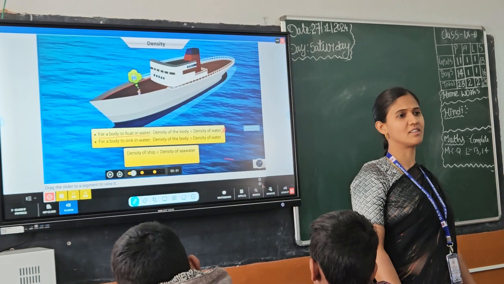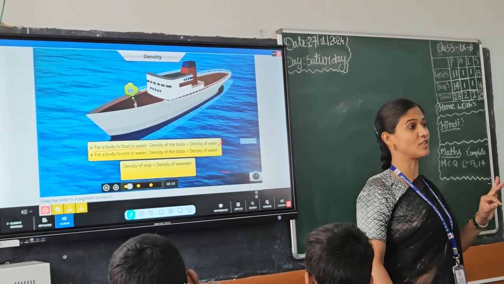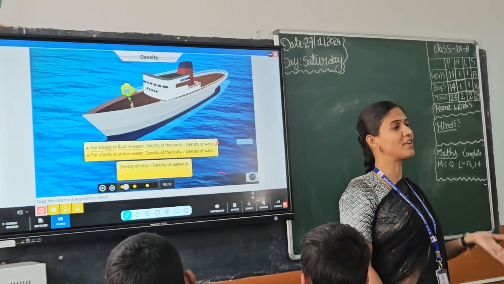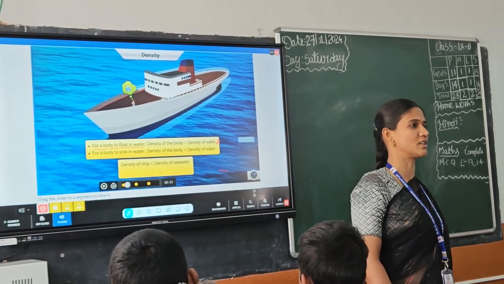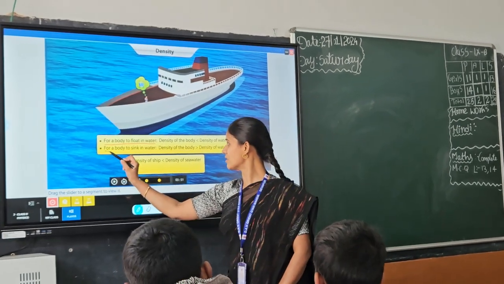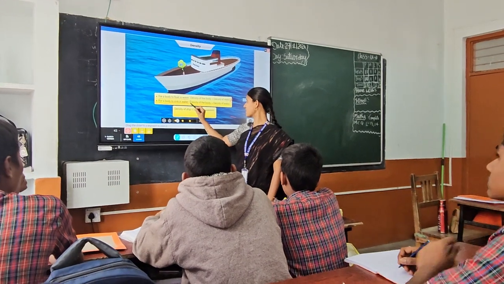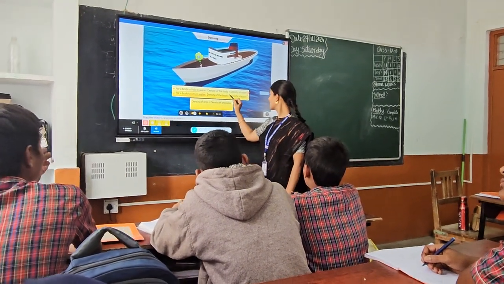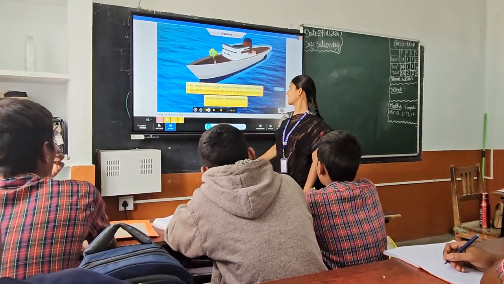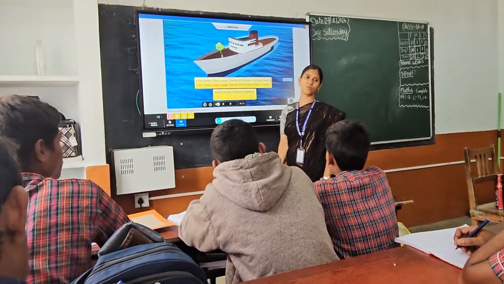Vice versa, if the density of the object is more, then it will sink in water. What is the condition for sinking? Density of the body greater. This you note down, okay?